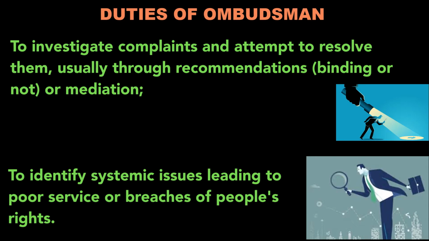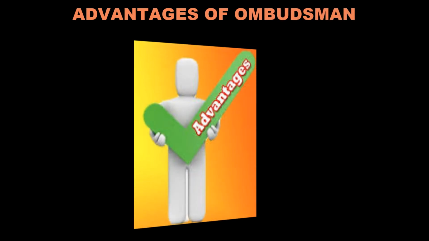Moreover, at the national level, most ombudsmen have a wide mandate to deal with the entire public sector and sometimes also elements of the private sector, for example contracted service providers. So it is not only covering the public sector but also the private sector. Keep in mind.